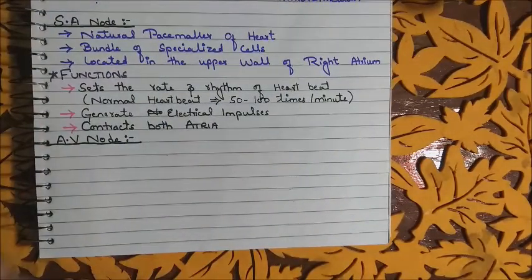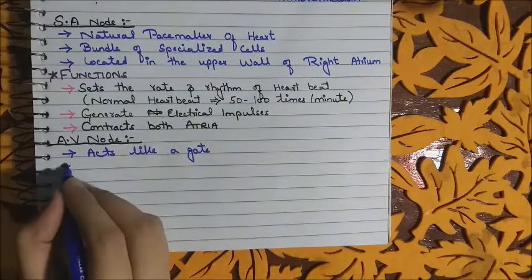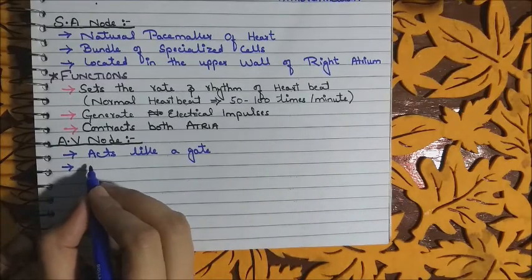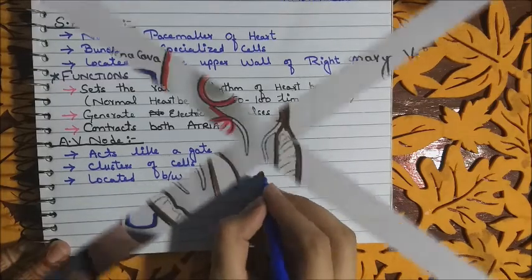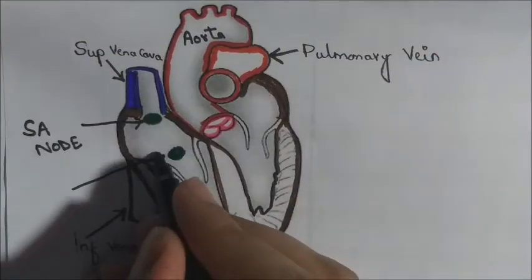Now we will study the AV node, what the AV node is and what its functions are. The AV node is also a cluster of cells which is located between the right atrium and right ventricle.